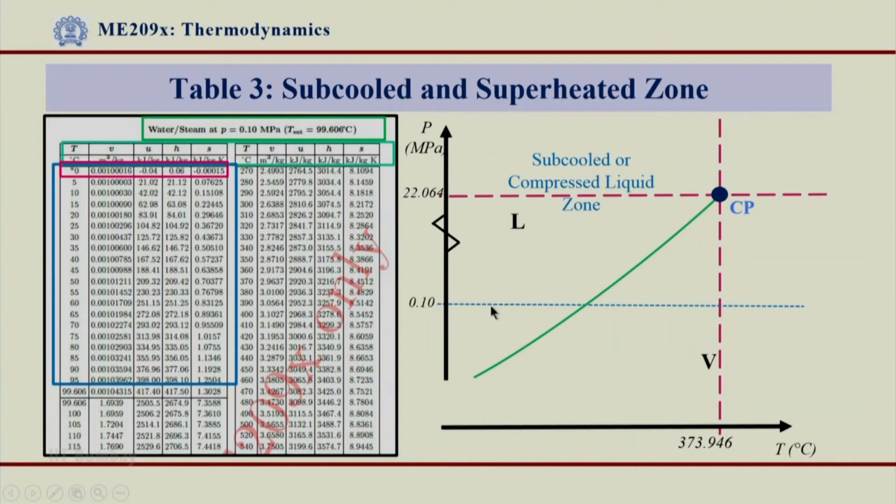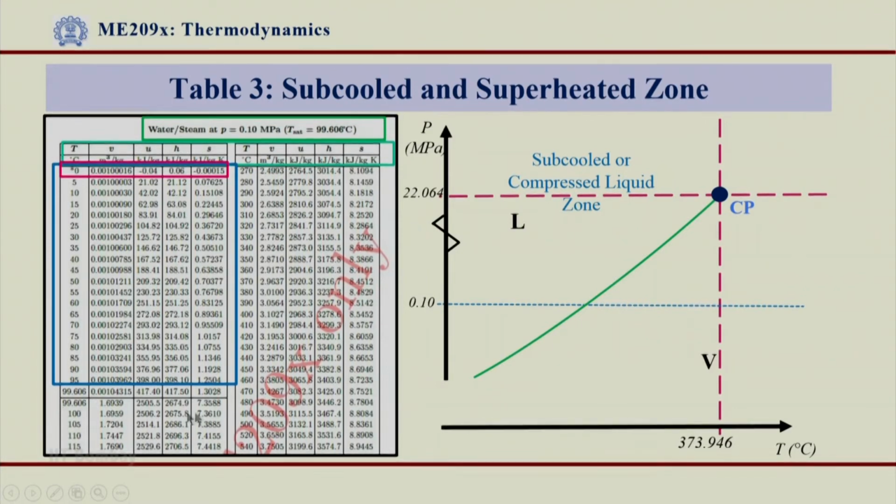Because T is less than Tsat, and Tsat happens to be 99.606 degree centigrade, all these temperatures in this blue square are less than Tsat, and therefore all these states lie in the subcooled or compressed liquid zone.